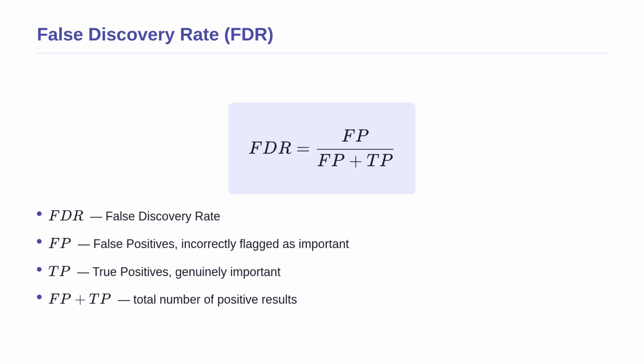The variable TP represents the number of true positives, which are the genes that are genuinely important. The denominator represents the total number of positive results the computer gave us. As our datasets get larger, the number of false positives naturally grows, which increases the FDR and forces us to be highly skeptical of our own computational results.